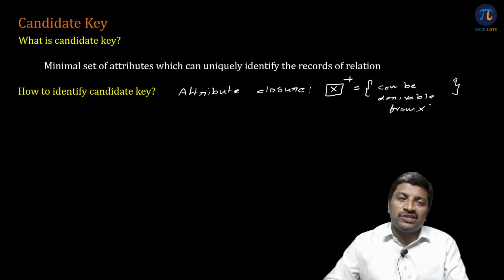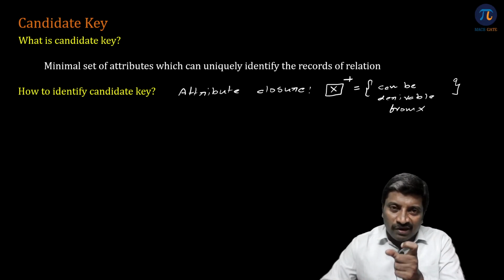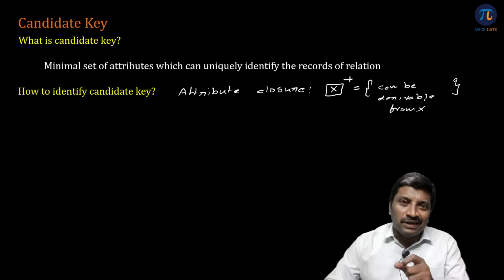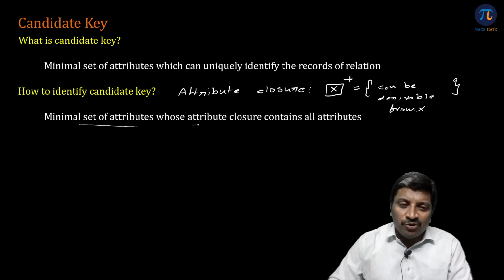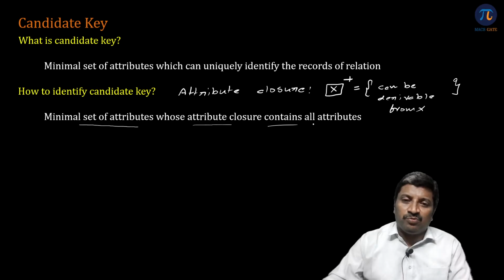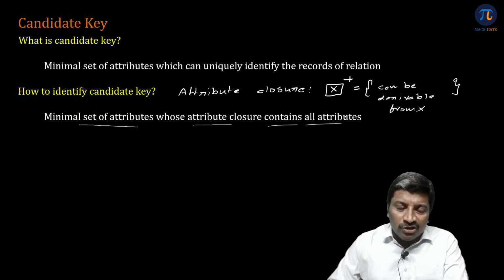This we have discussed: how to find the attribute closure for a given set. Now we are going to use that concept of attribute closure to find the candidate keys. Then how to find it? A minimal set of attributes whose attribute closure contains all the attributes. So for the given set, we find the attribute closure.